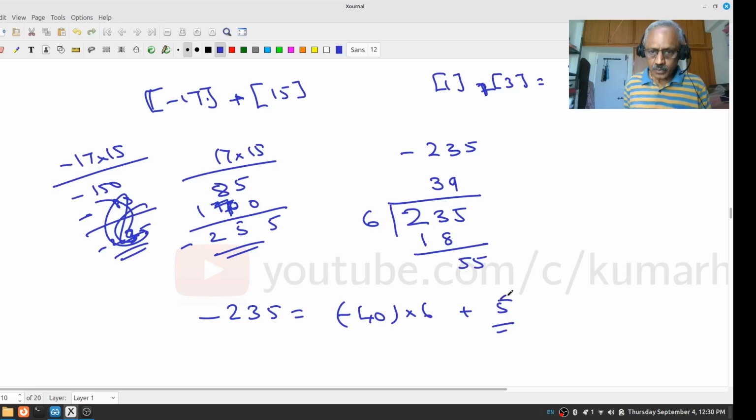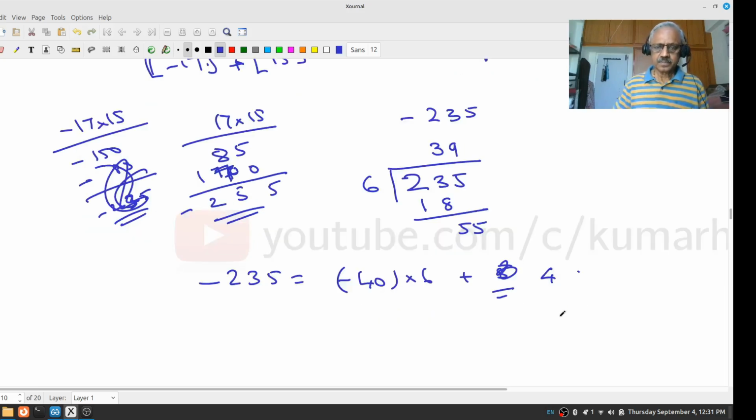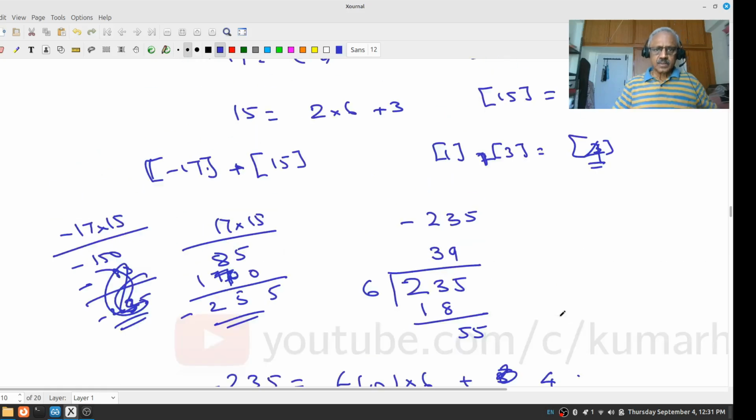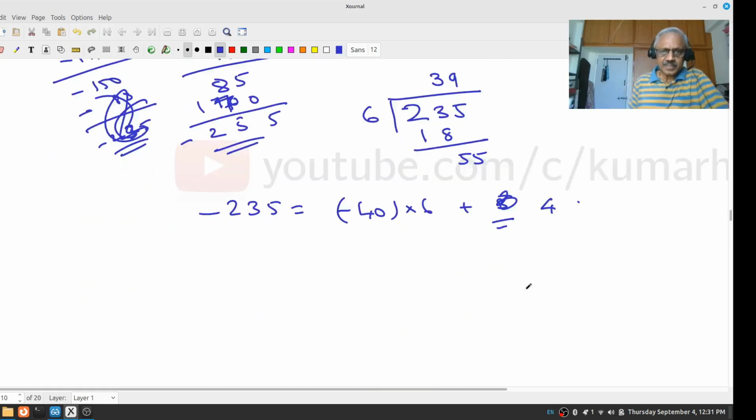Oh, plus 4, right? Minus 240 plus 4. Am I making a mistake? Doing arithmetic is difficult for me. 4 times this is 260, but whereas I want only 235, that means I have to add 5.